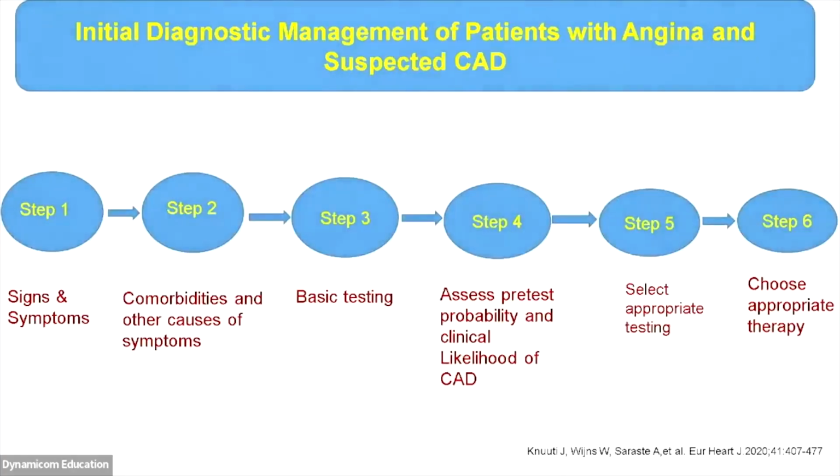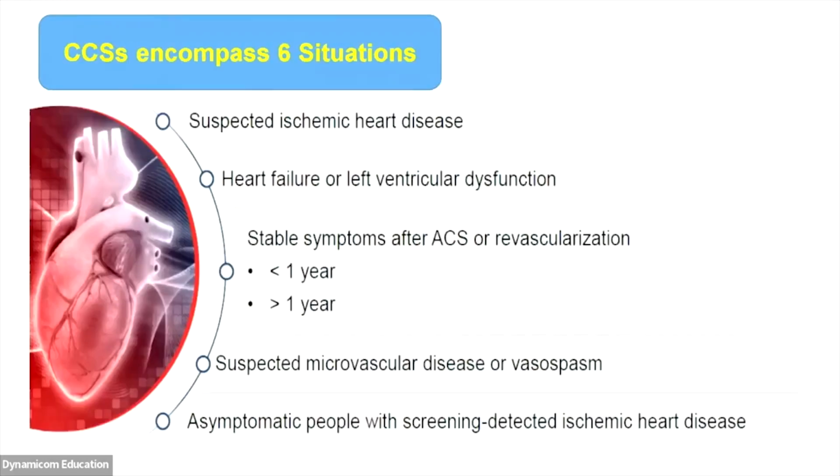And the most important thing is to assess the pre-test probability and the clinical likelihood of coronary artery disease, because this will determine which investigations are needed for these patients. And finally, according to the risk evaluation for the patients, the appropriate therapeutic strategy will be designed.